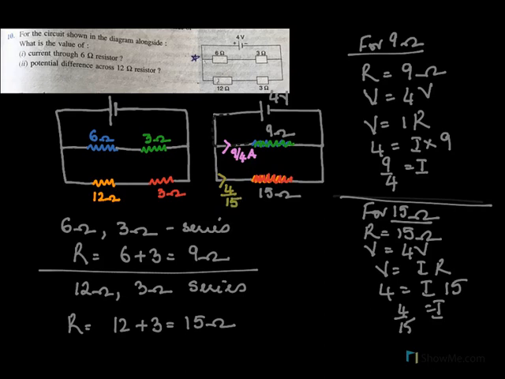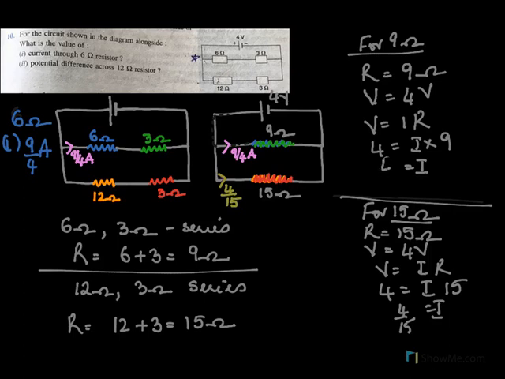So when we go back to find the current, what is the current flowing through 6 ohms? It will be 9 by 4 amperes. It's not 9 by 4, it's 4 by 9. Here I made a mistake.